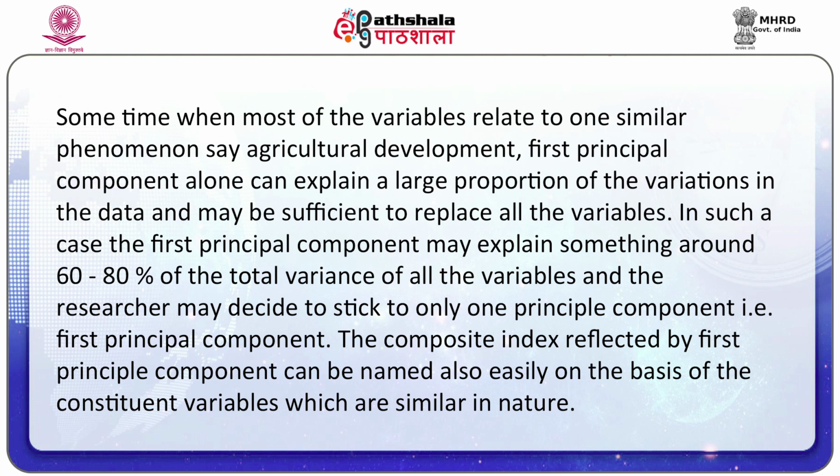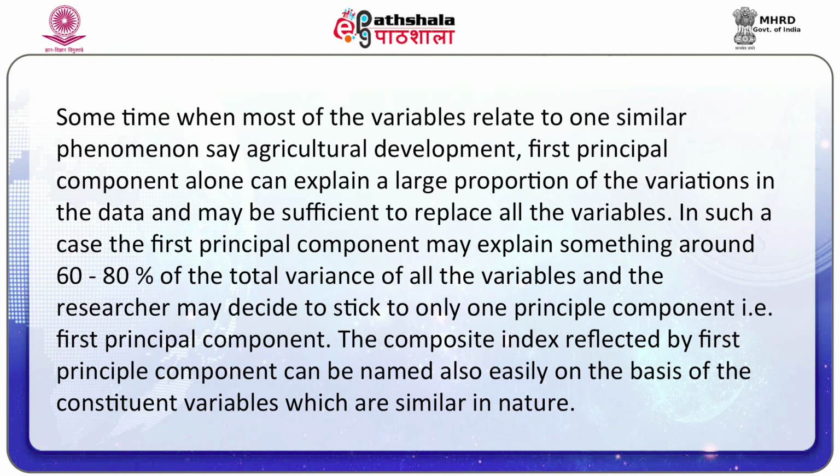Sometimes when most of the variables relate to one similar phenomenon, say agricultural development, first principal component alone can explain a large proportion of the variations in the data and may be sufficient to replace all the variables.